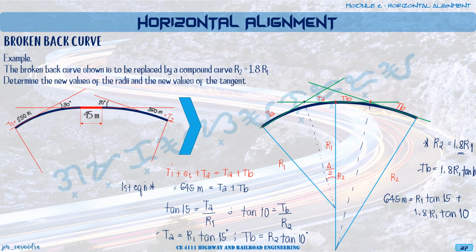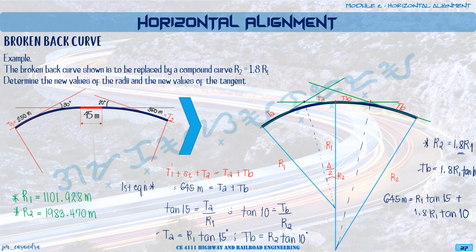So R1 now is equal to a value of 1,101.928 meters. So multiply this by 1.8, we get R2, which is equal to 1,983.470 meters.